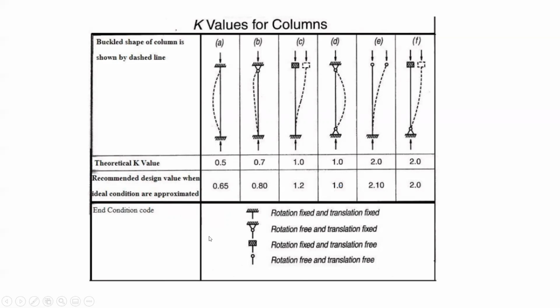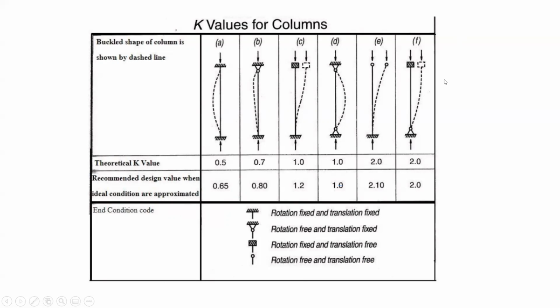Pag meron tayong hinge and fix, so fix at one end at hinge sa kabila, 0.7 ang gagamitin natin K. Pag fixed with translation, ito fixed siya along the moment pero lumilipat-lipat siya sa side, 1.0 ang value. If we have dalawang hinge, parang simply supported, the value of K natin dito is 1.0. Pag fixed tapos free, parang mga flagpole, ganyan. So, ang K natin dyan is 2.0.